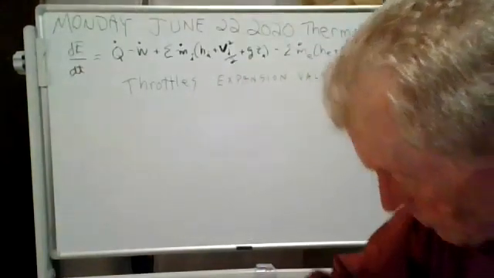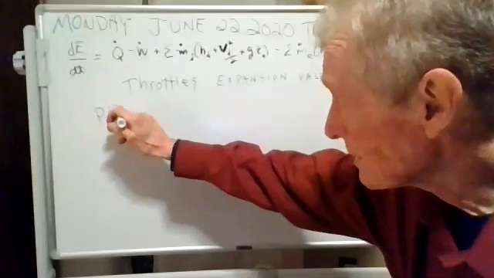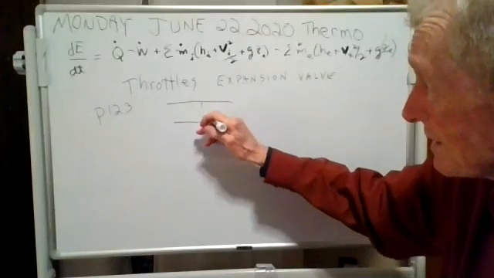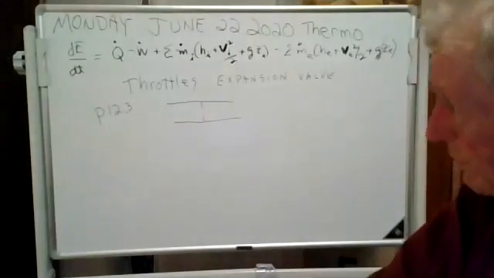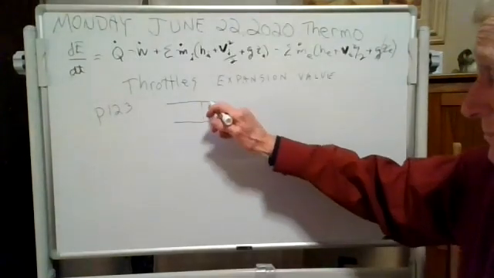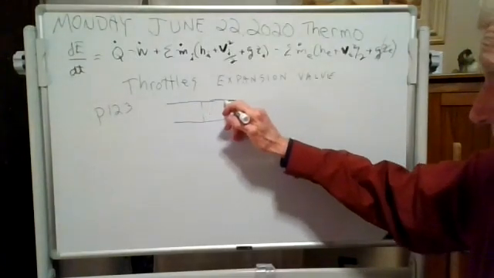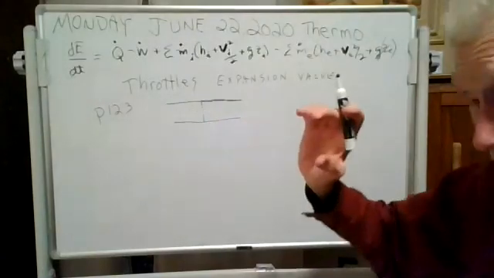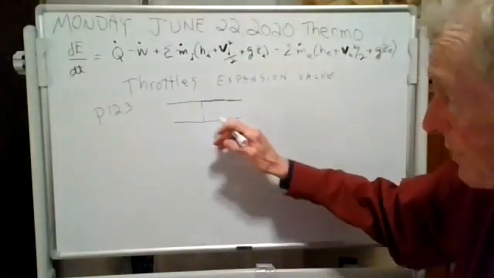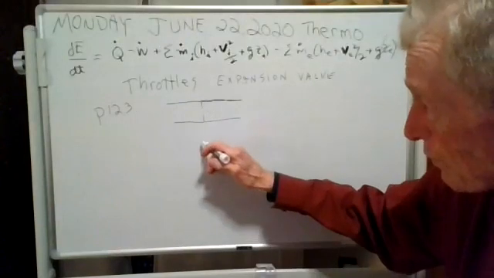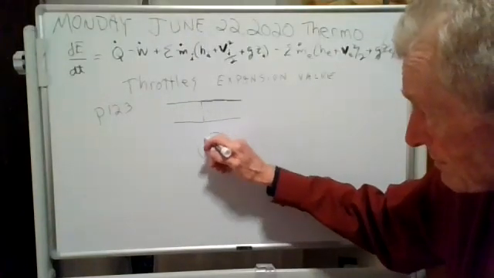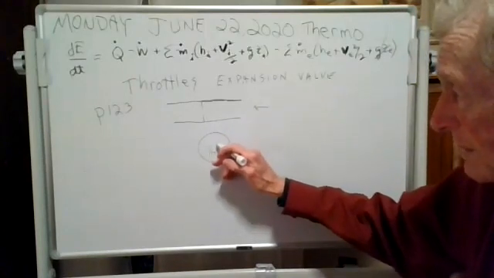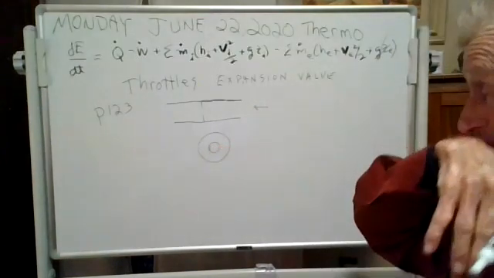I'm on page 123 in my book, and there's a picture of the device sketch. Basically, it's just a tube with a constriction in it. If you were to look down, it's like a piece of pipe, and somebody has welded a washer in there. Looking down through the pipe, somebody has taken a big washer and just welded it there.